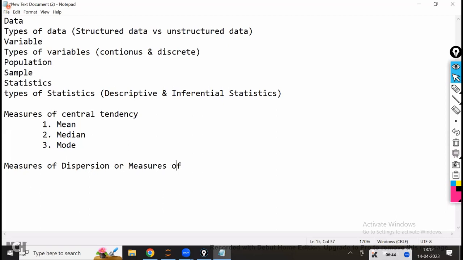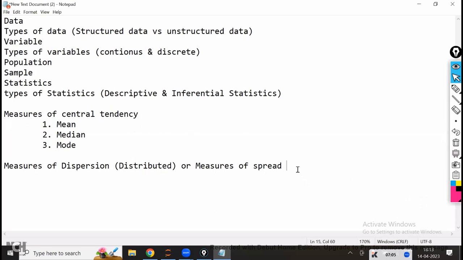Measures of spread means how your data is spread. Dispersion means how your data has been distributed. The meaning of dispersion is distributed. And we discussed the measures of spread.